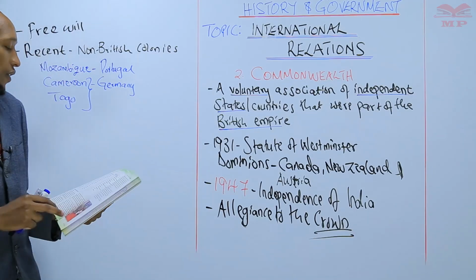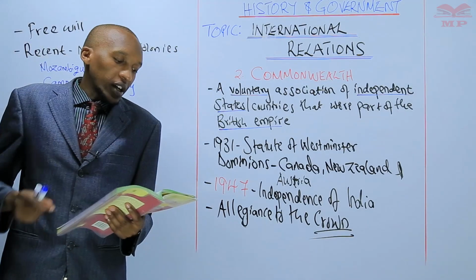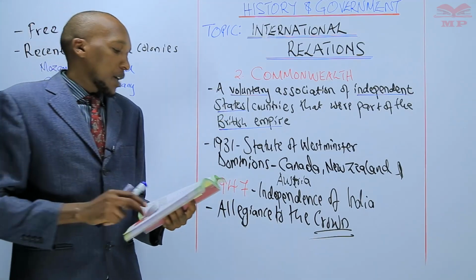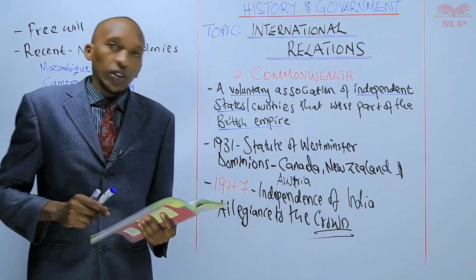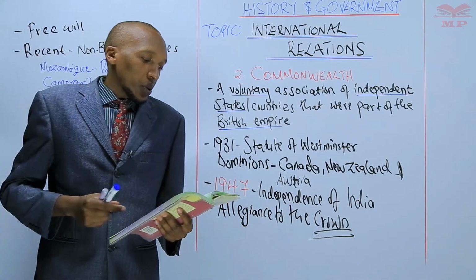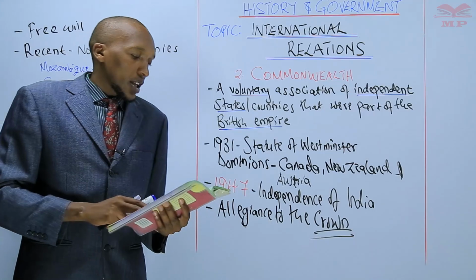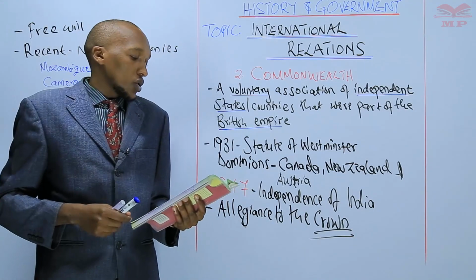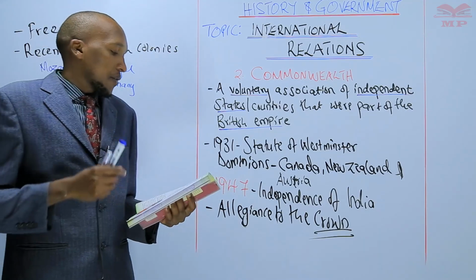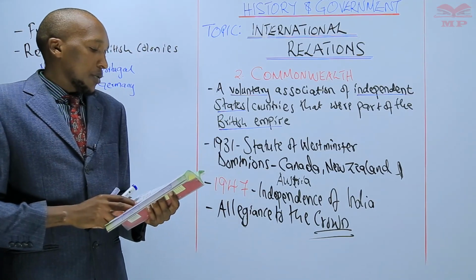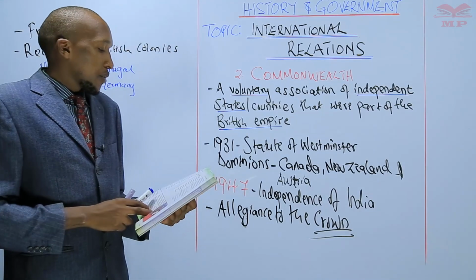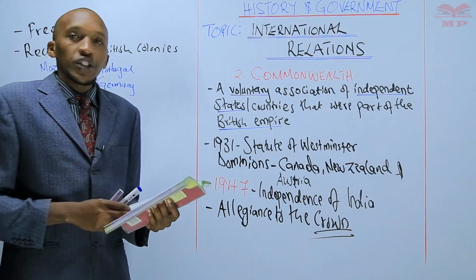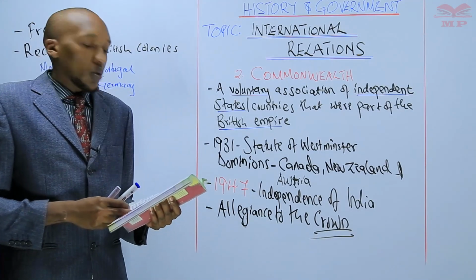In Africa, we have examples of the countries that have become part of the Commonwealth. You can note them down. We have Botswana, Gambia, Ghana, which is in West Africa, then Kenya, Lesotho, Malawi, Mauritius, Nigeria, and the Seychelles, which is in Southern Africa.